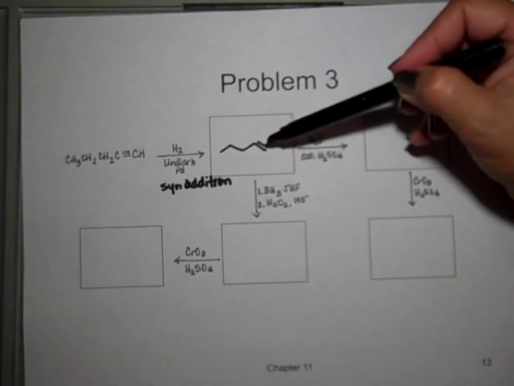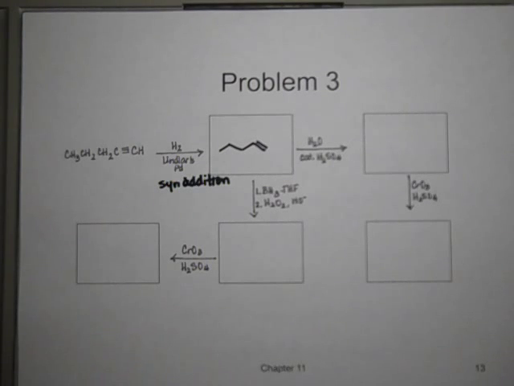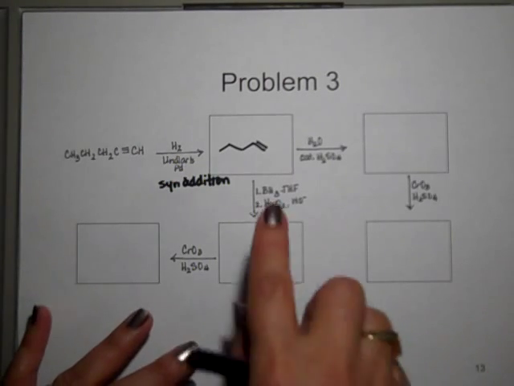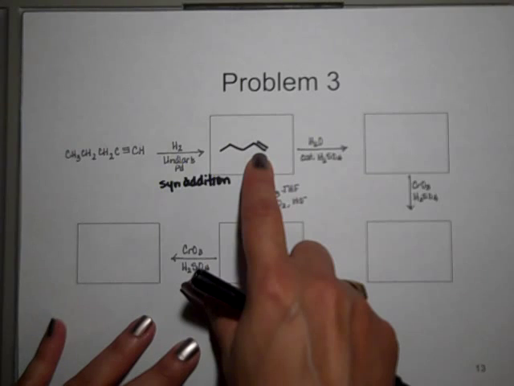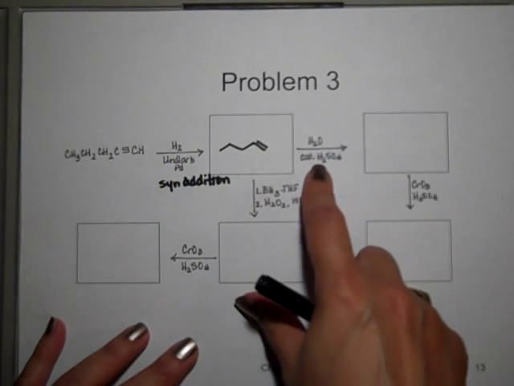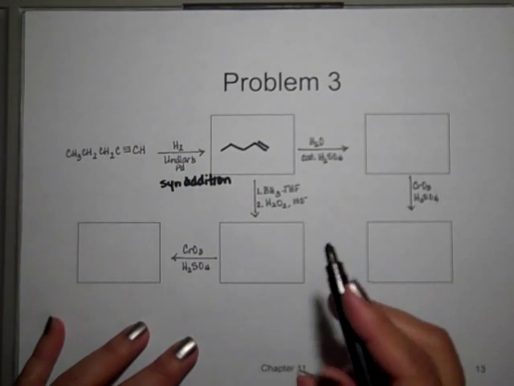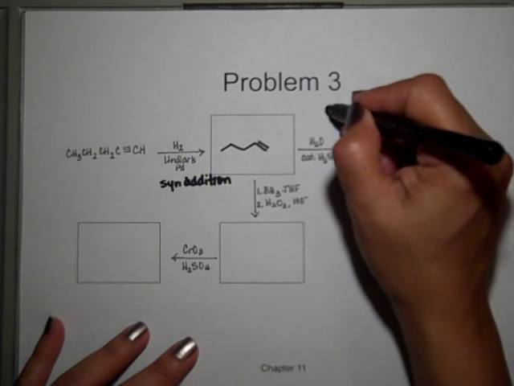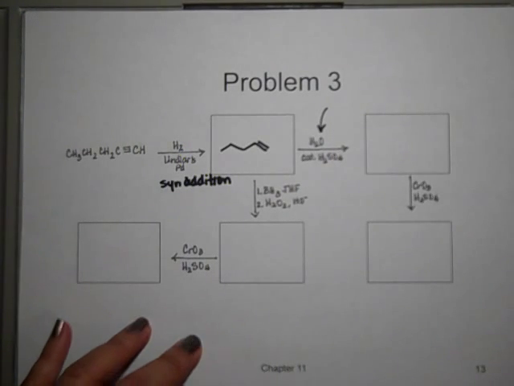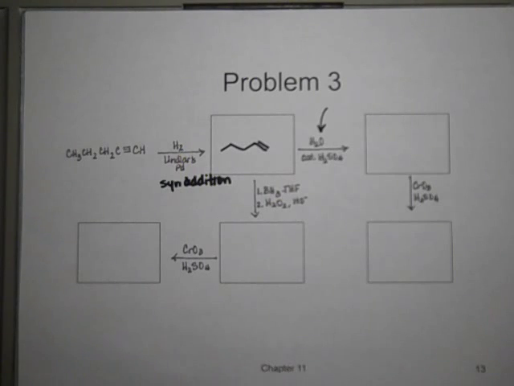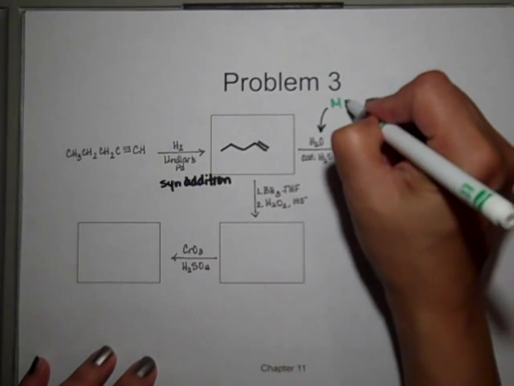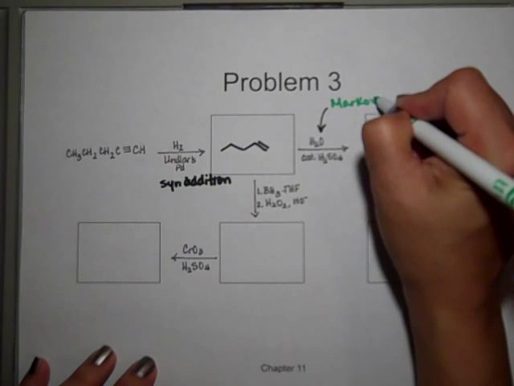But you have a terminal double bond, so you won't be able to actually see the syn addition. All right, now I have a terminal double bond, and I'm adding water in a little bit of sulfuric acid. This one right here, Markovnikov or anti-Markovnikov? Ah, very good. This is the Markovnikov one.